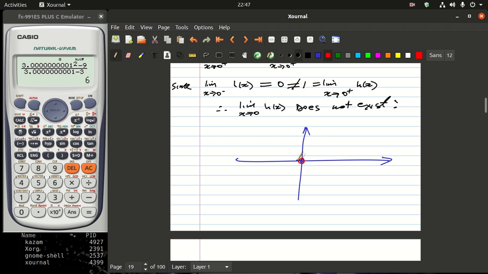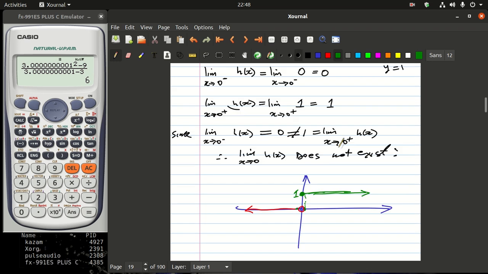At this point it was not defined. But when x was bigger than or equal to 0, we ended up having a nice function here starting at 0, going all the way like this, whereby we had a 1 here. When we pick a value here, the output was just there, and when we pick a value here, the output was just there. So we had a 0 on the left, and on the right we had an output that is 1. So those two limits were not the same.